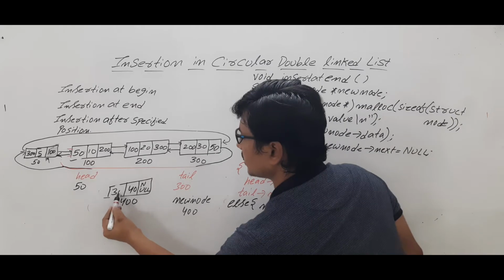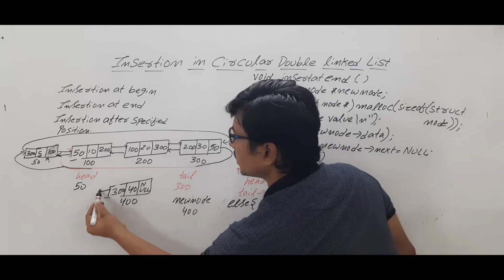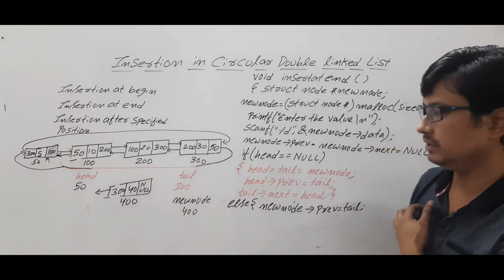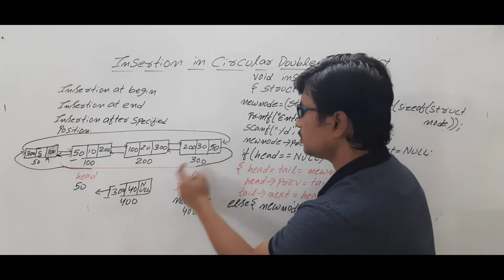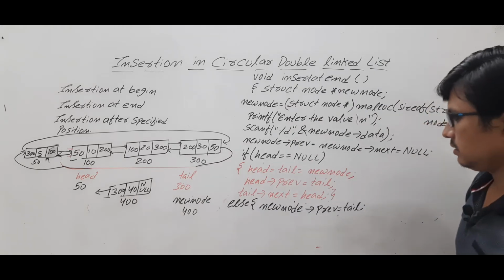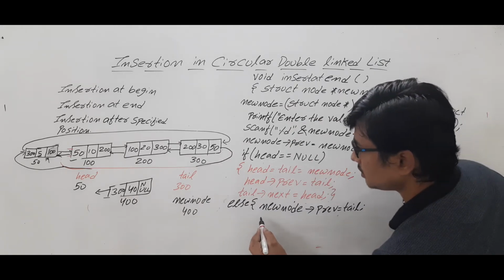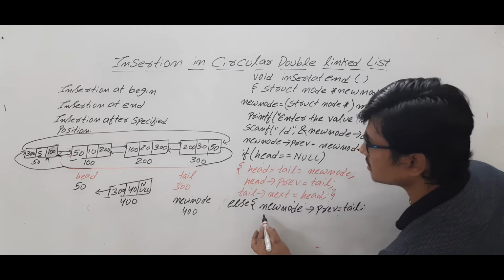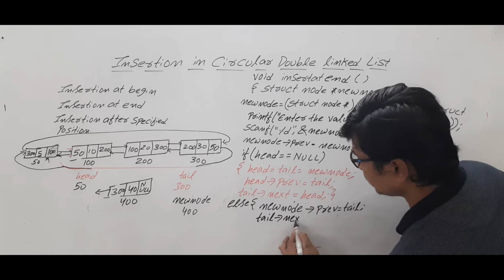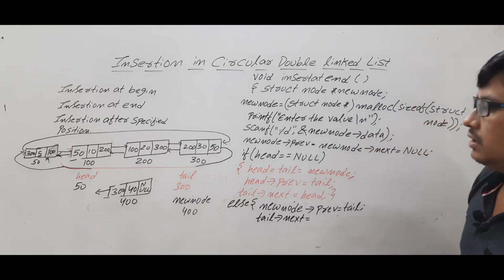So you will get 300. So you have connected a backward link from this node to the previous node. We have connected. Are you able to understand? Now this node has to connect to this node. So how can you write? Tail of next, you can write tail of next is equal to new node.